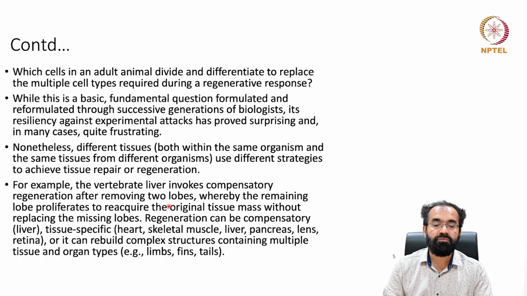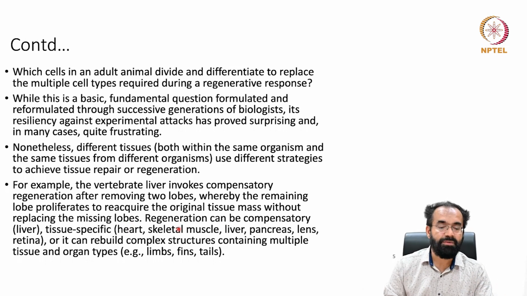For example, the vertebrate liver invokes compensatory regeneration after removing two liver lobes, whereby the remaining lobe proliferates to acquire the original tissue mass without replacing the missing lobes. So it is called compensatory regeneration.